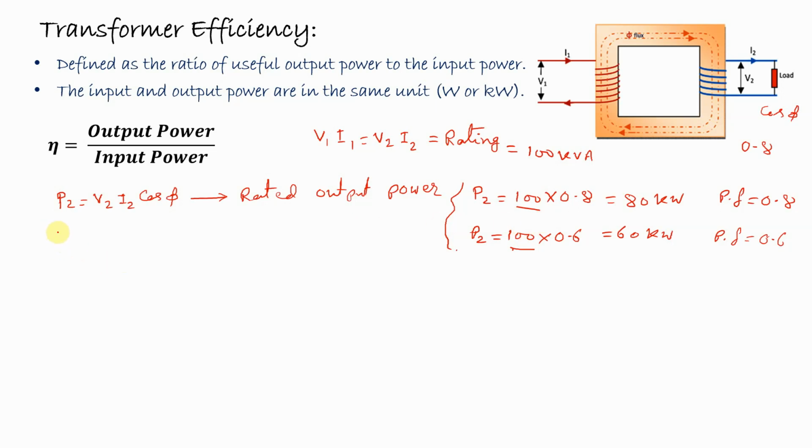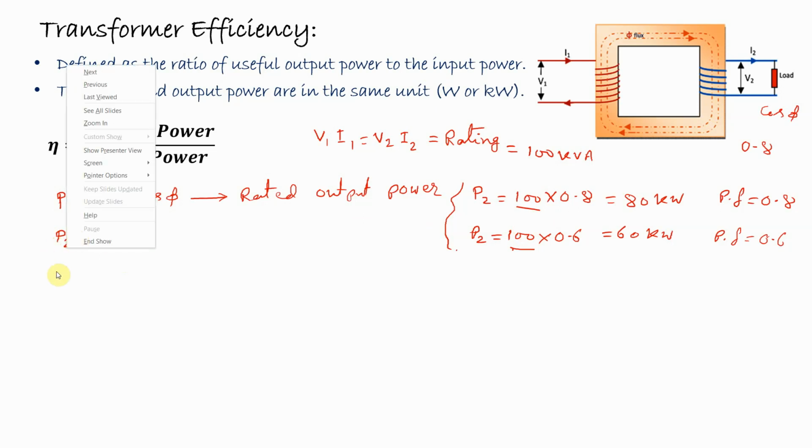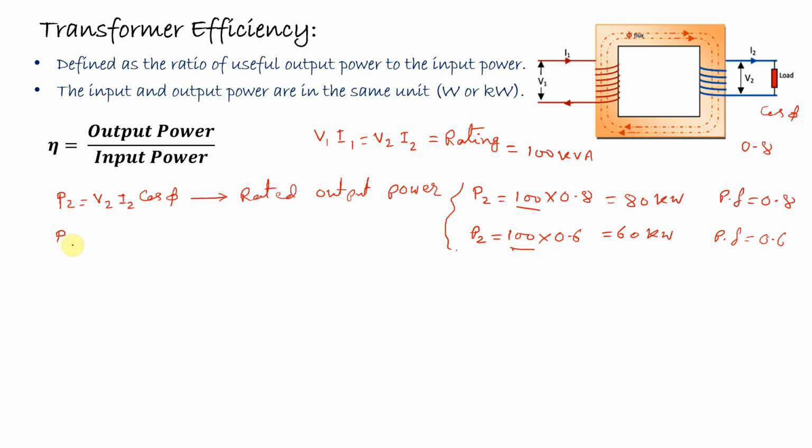We know that different types of losses occur in a transformer. One is called the iron loss, which is the combination of hysteresis loss and the eddy current loss, and it is constant. And another loss is the copper loss.